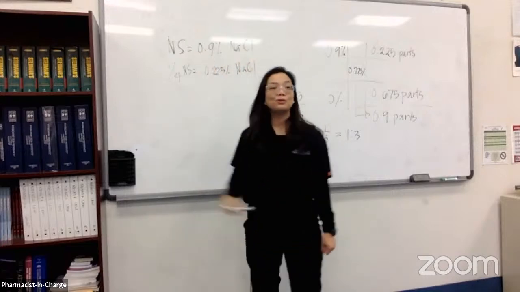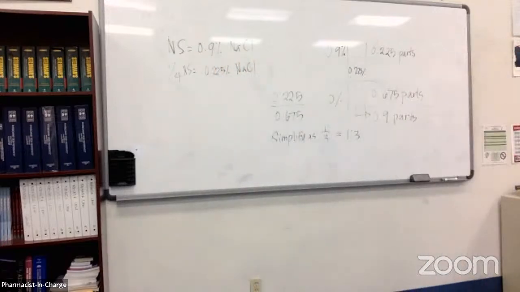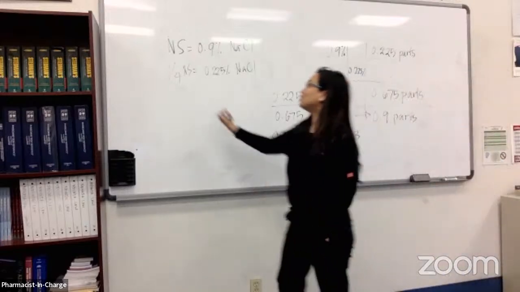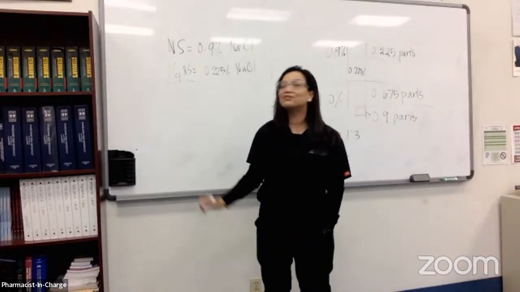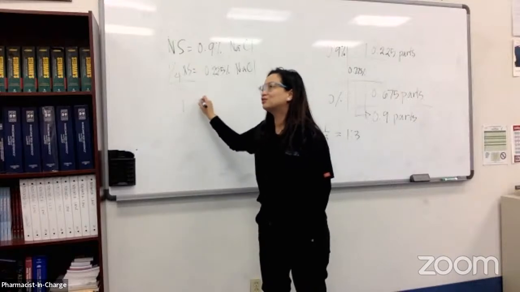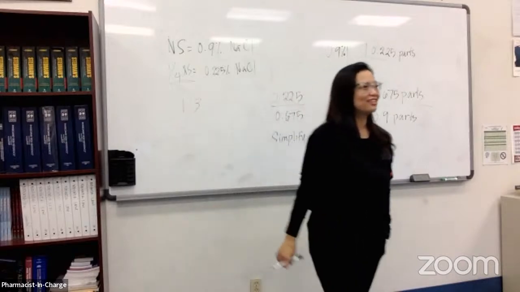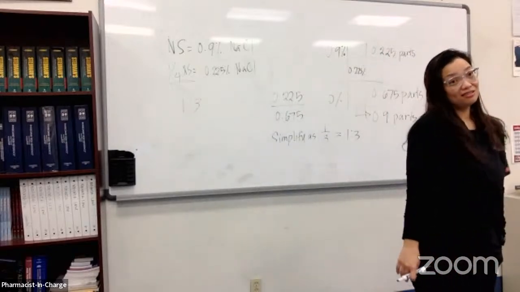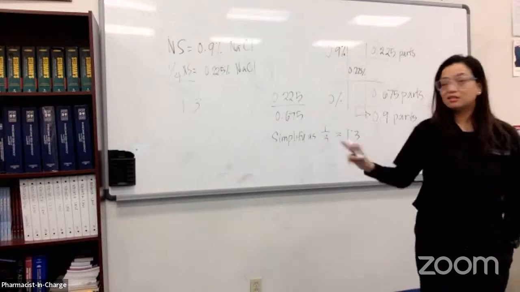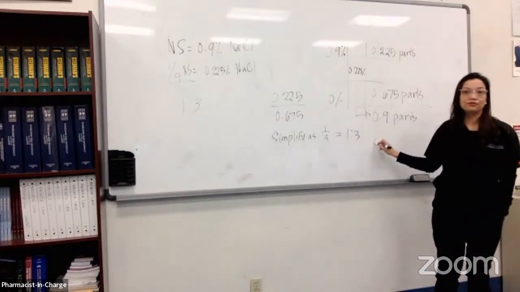Try it: 0.9 divided by 4. And if I know that this is a quarter strength, I already know that it's 1 part of the drug to 3 parts water. That's why I said you don't even need to do the math. But this is a good way to show you.